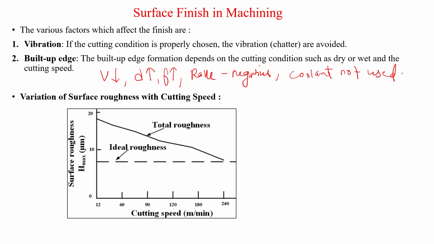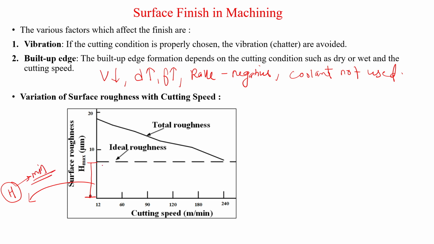So you can see in the graph we have in y-axis surface roughness, and in x-axis we have cutting speed. So you can see the ideal roughness is constant, it's not changing with the cutting speed. You can see there is some value of the ideal roughness which is the minimum value. This is very minimum in case of ideal roughness.